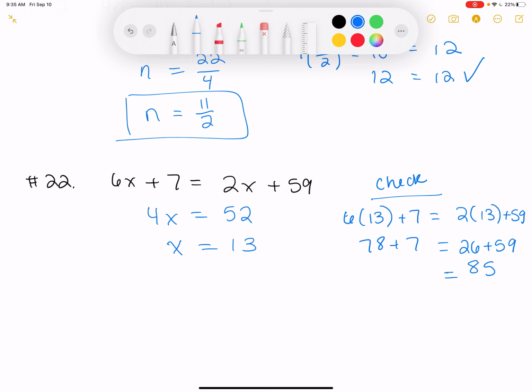I don't know why in my head I was ignoring the 7 that's on the left side, and I was like, 85 doesn't equal 78, and then I was like, oh wait. Okay, so obviously it's an extra step in the checking, but it's still not hard.